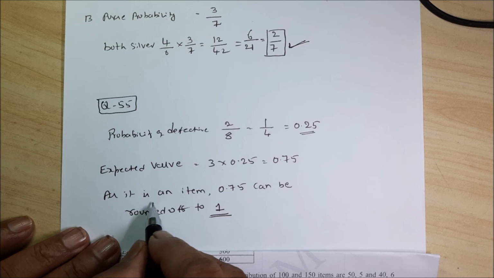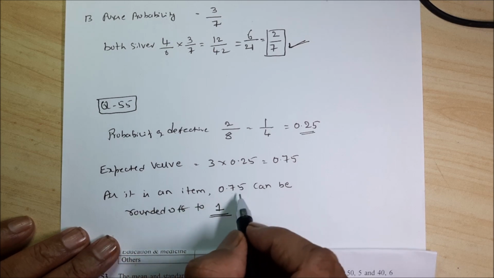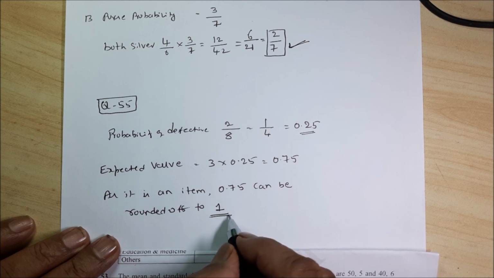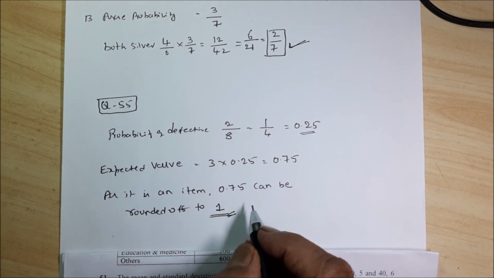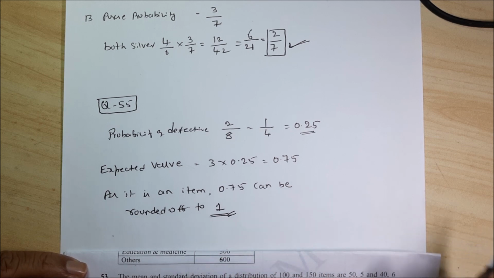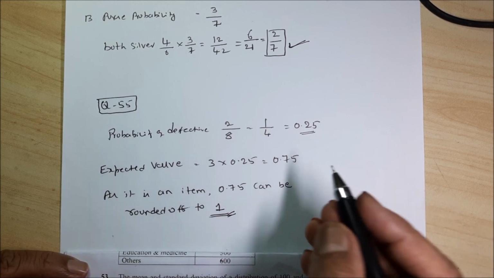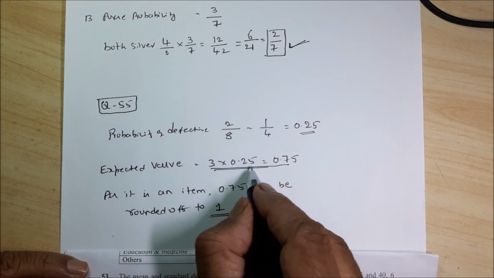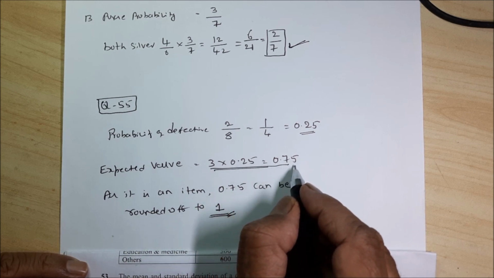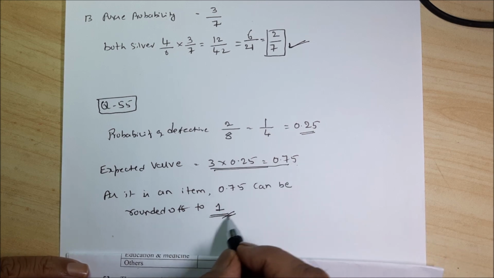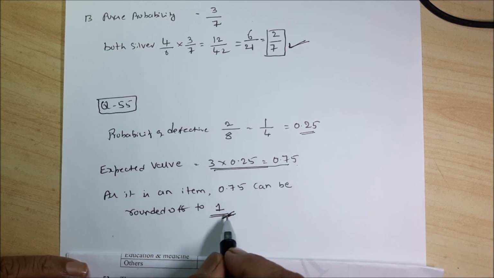As it is an item, 0.75 can be rounded off to 1, because you cannot say 0.75 items is your answer. So rounded up to 1.